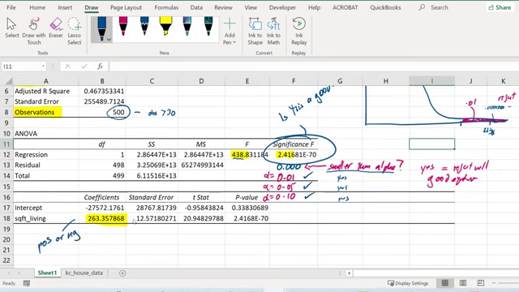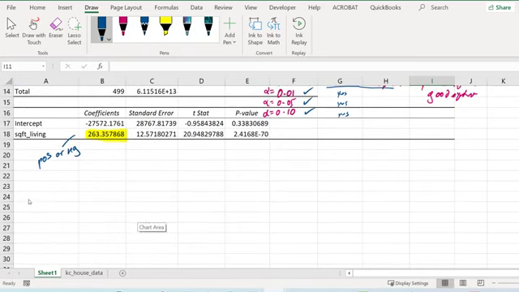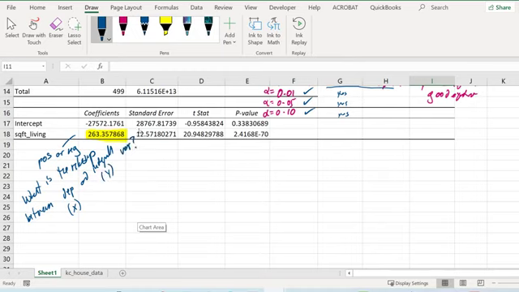Because this answers the question, what is the relationship between my independent, which is my x, and dependent, which is my y, variables? Is it a positive relationship or a negative relationship?